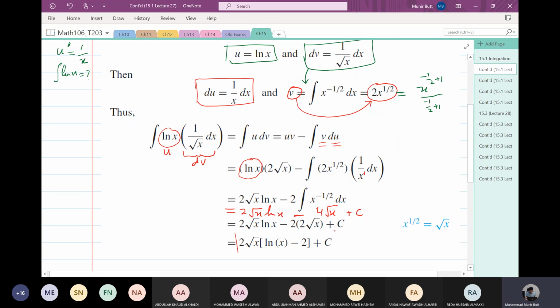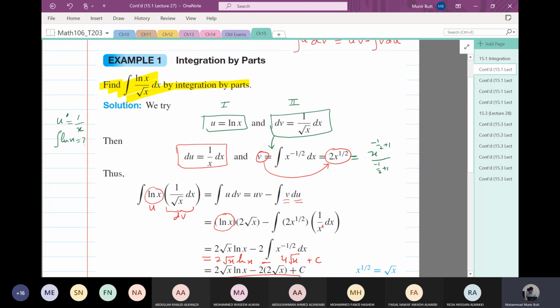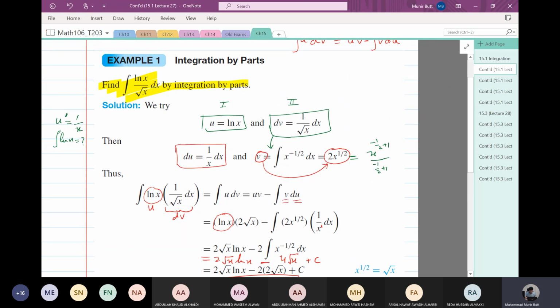And this is the final answer. So you have seen that with the help of integration by parts, you have solved this slightly complicated integration, ln of x over square root of x. Any question?